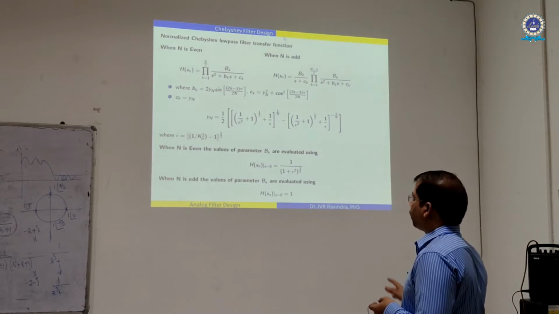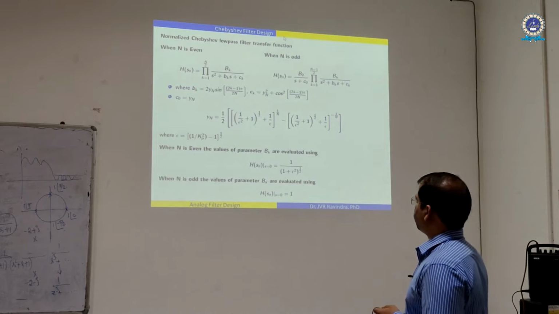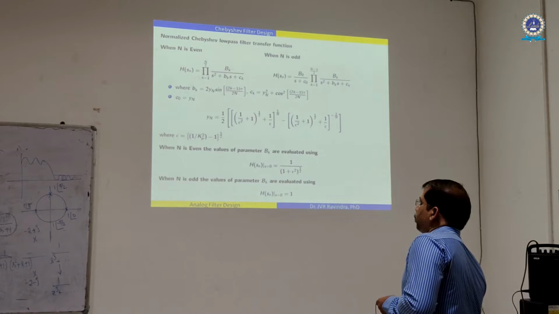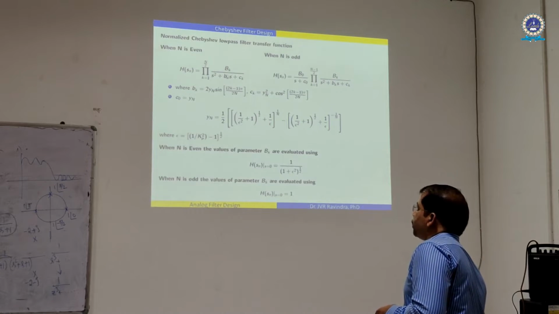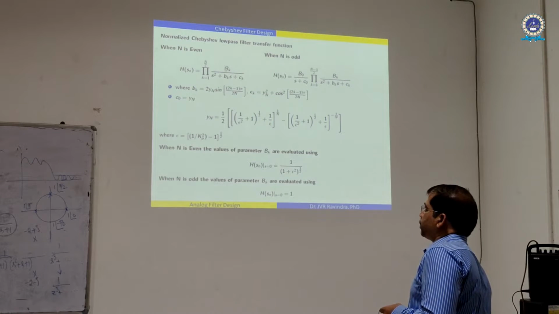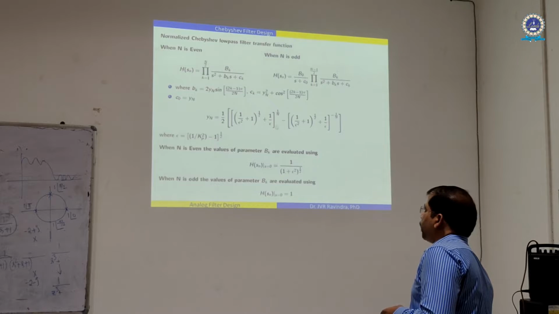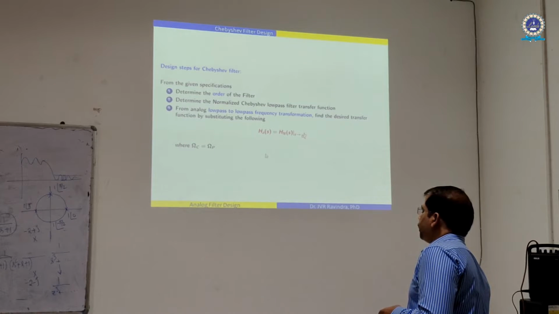But the equations are a little complex in this case. For n equal to even, this is the equation. For n equal to odd, this is the equation. There are some unknown values here, bk and ck. Those values are given, so we just have to calculate all these values and then get the point.